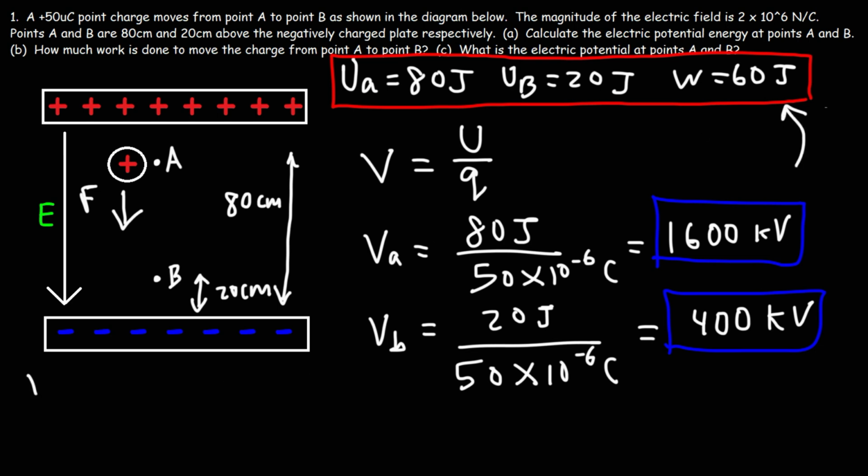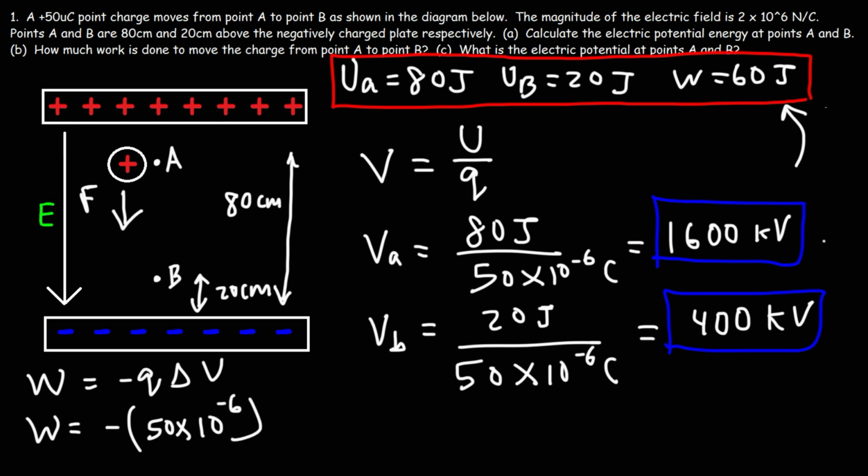Another way in which we can calculate work is by using this formula. The work required to move a charged particle through a potential difference is equal to negative Q delta V. So Q is positive, it's 50 times 10 to the minus 6.